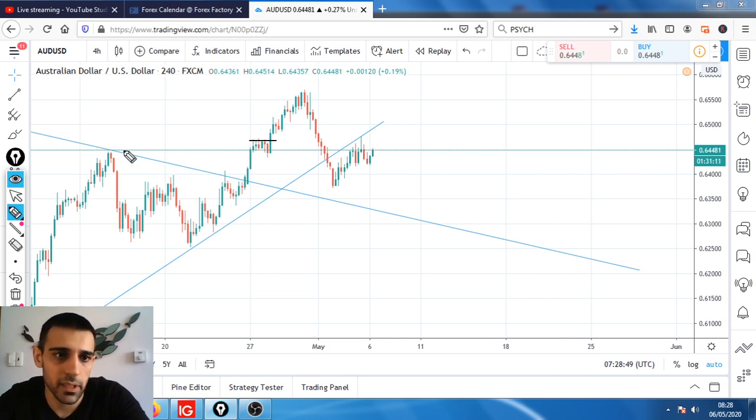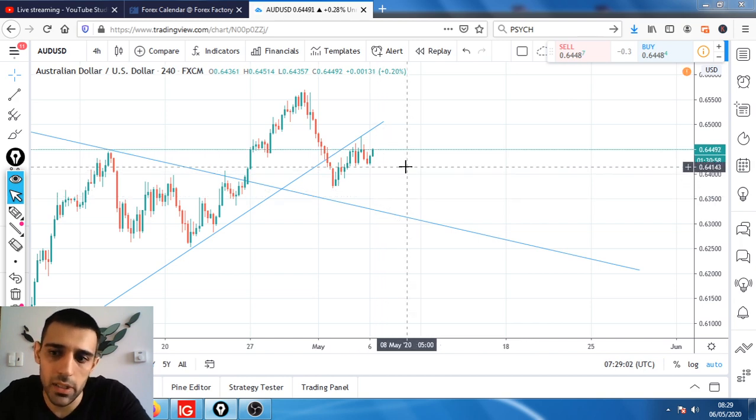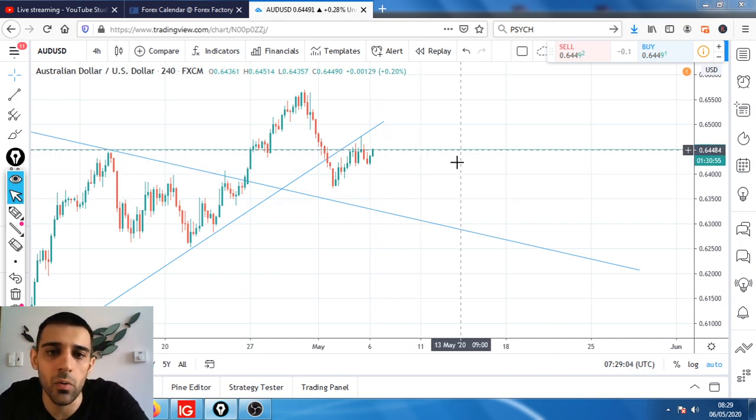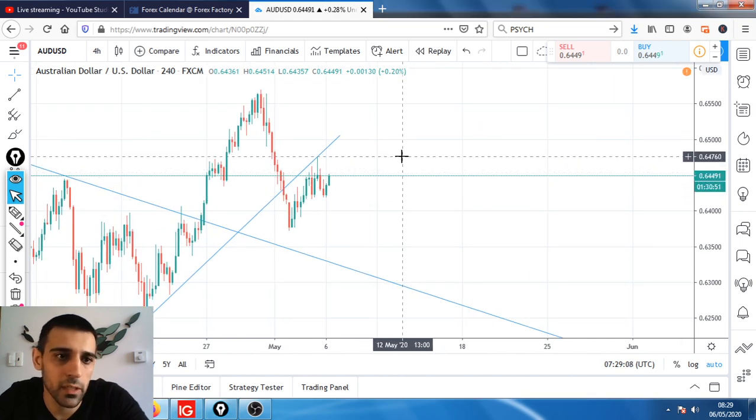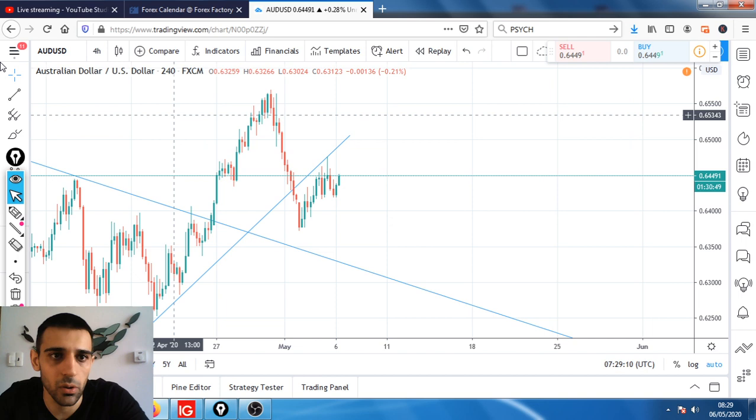And also we got this resistance up here, so the price finds it difficult to break it. It already made a few tests, and now it's coming up for another test. So it will be interesting to see what the price will do in the next couple of hours. For this one, I might want to wait for the 4-hourly candle to close.